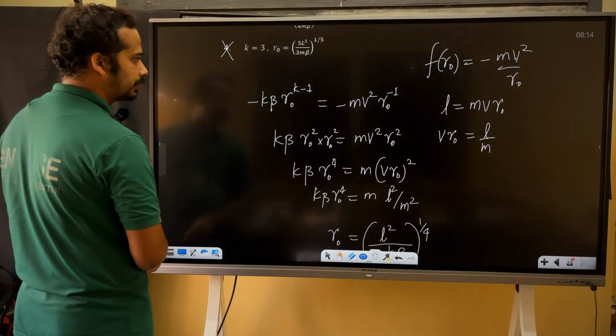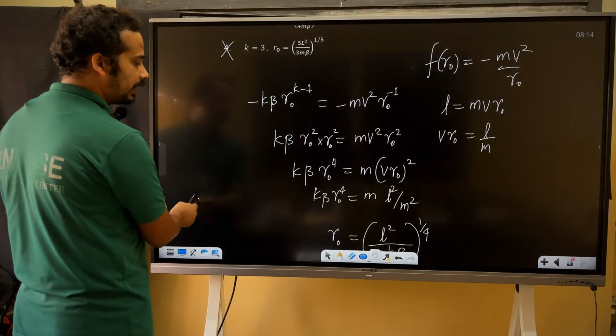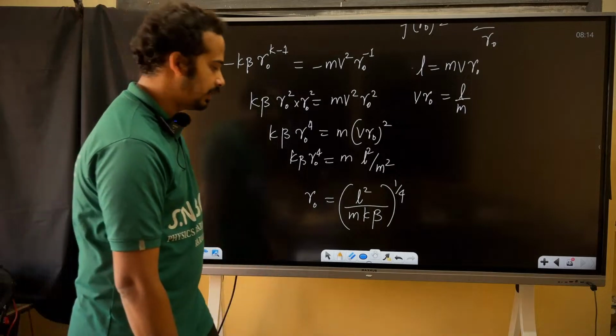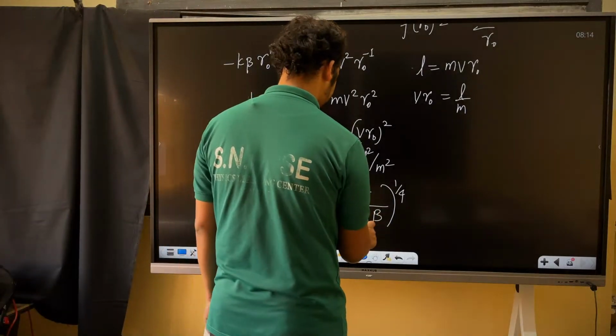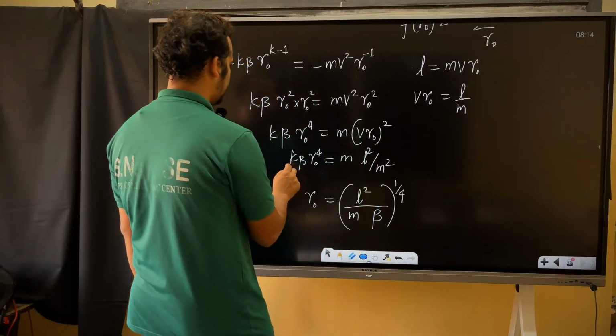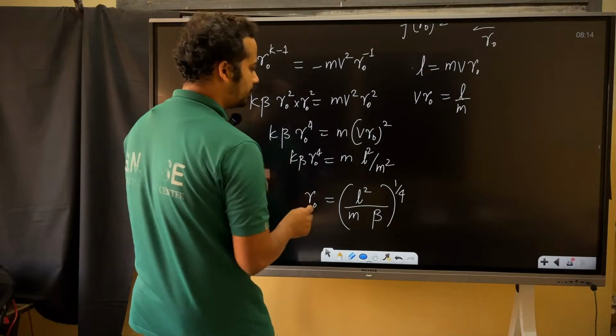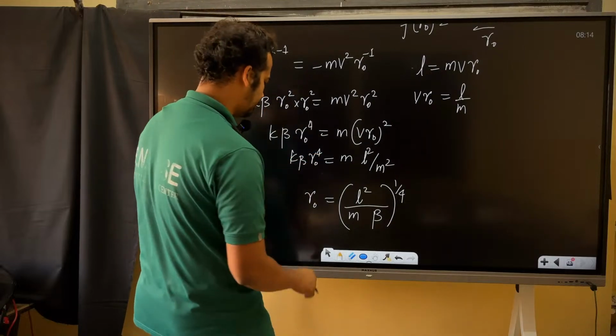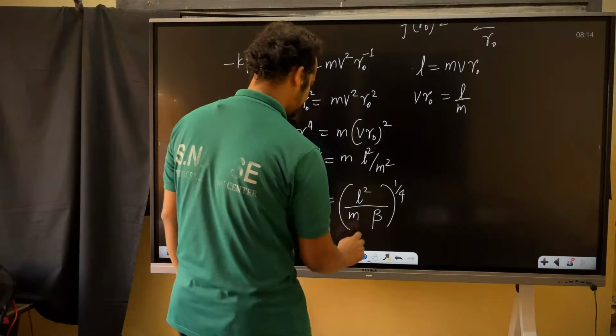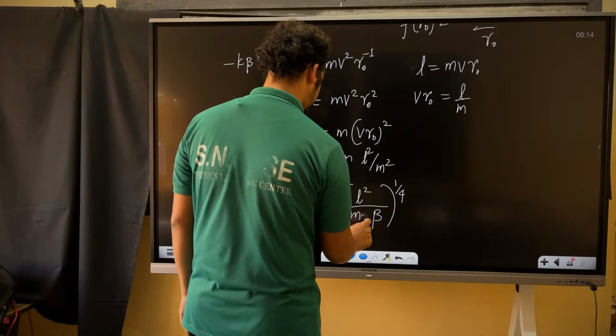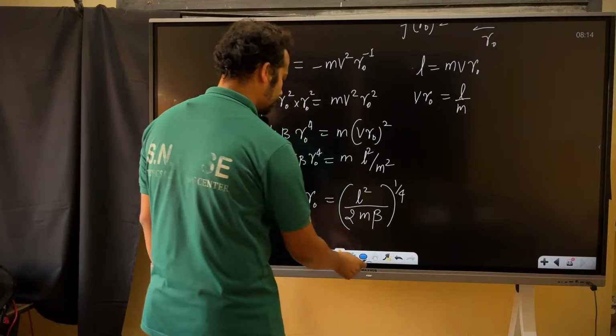And where is the mistake? That k I didn't substitute. K equal to 2. Can you do this one? K equal to 2 here. Fine.